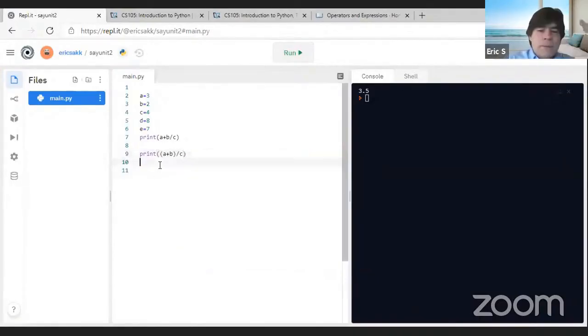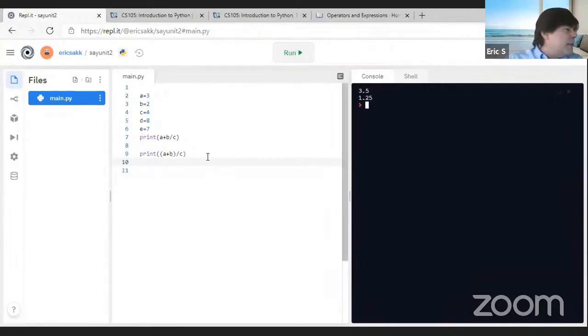To override the basic language construct that obeys basic rules of algebra. So in this case, you're saying you actually want to add the two numbers first and then divide by c. And this is probably most important if you're ever going to do any programming where you use long numerators and long-winded denominators. And so if we run this, then of course you just add a plus b and then divide that by c. So now you'll get 5/4, which is 1.25.